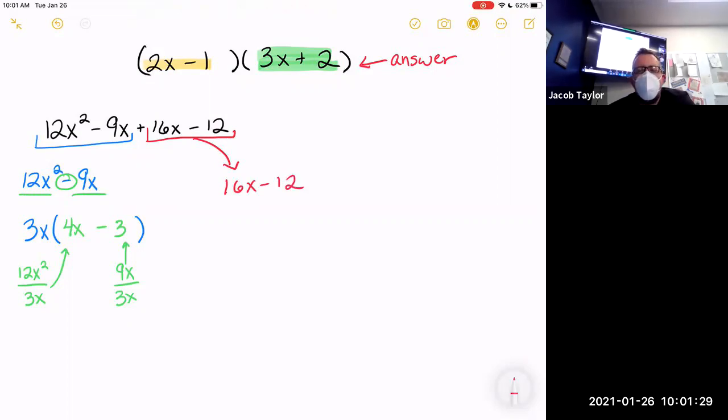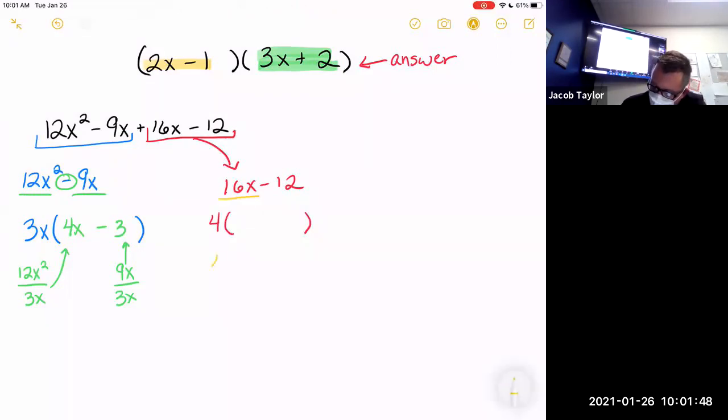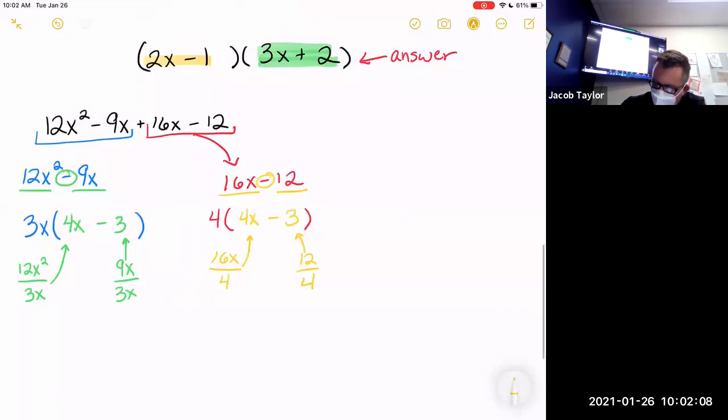What is the greatest common factor? 16 can't be divided by 3. 4. Very good. 4x or just 4? Just 4 because the 12 doesn't have an x. So let's take each term and divide by our greatest common factor. 16x divided by 4 gives us 4x. And then 12 divided by 4 gives us 3, with a minus sign in between.